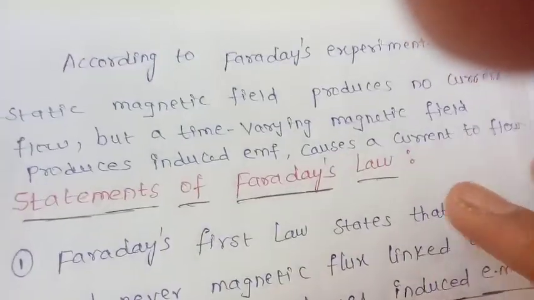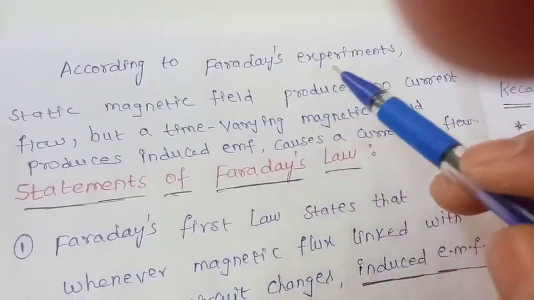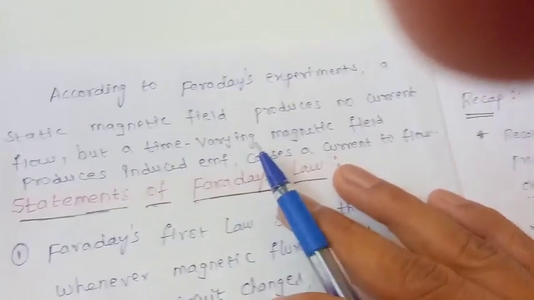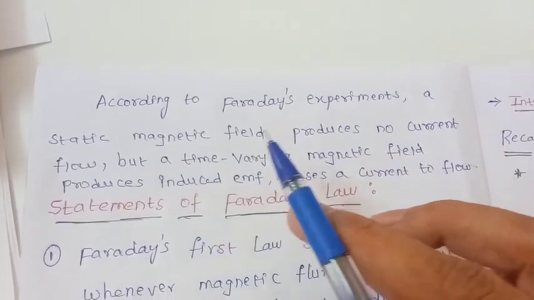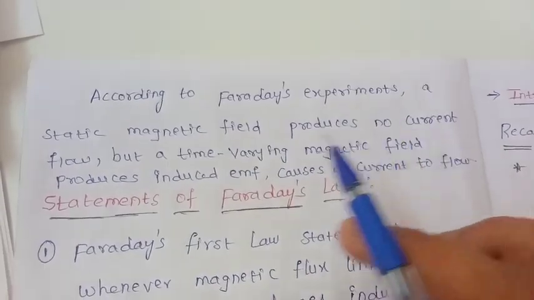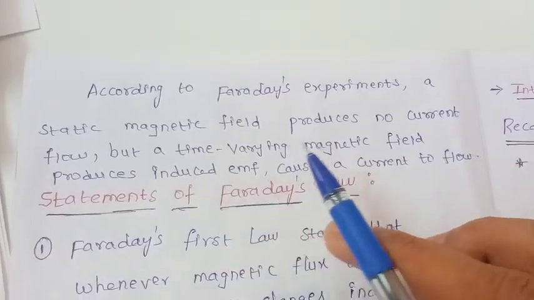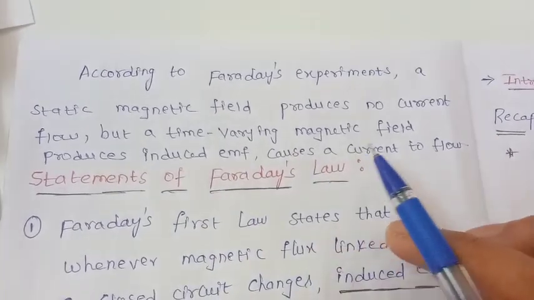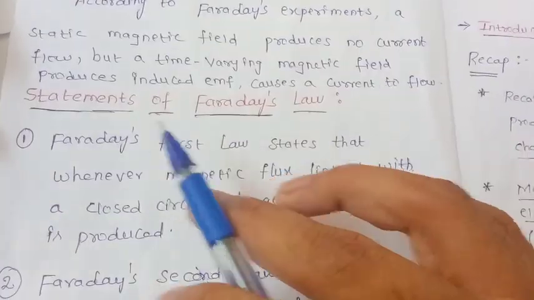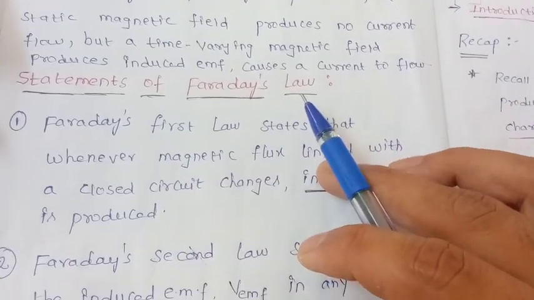Now we will move to Faraday's laws after his experimental research. According to Faraday's experiments, a static magnetic field produces no current flow, but a time varying magnetic field produces an induced EMF which causes a current to flow. Now coming back to the statements of Faraday's law.